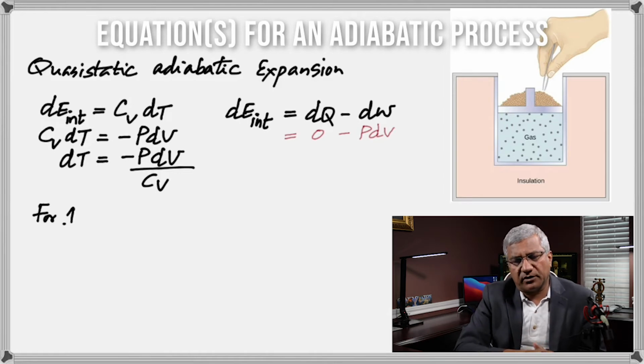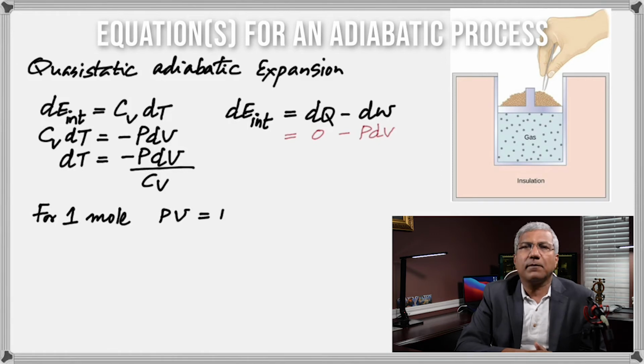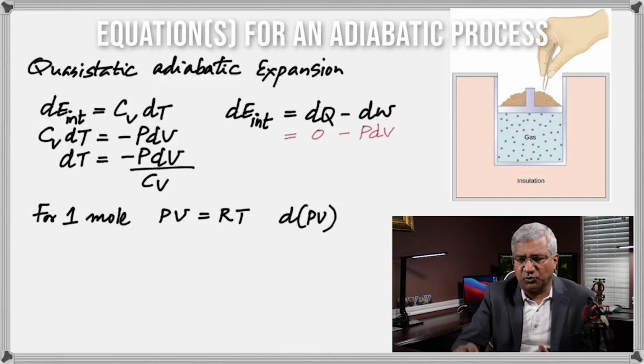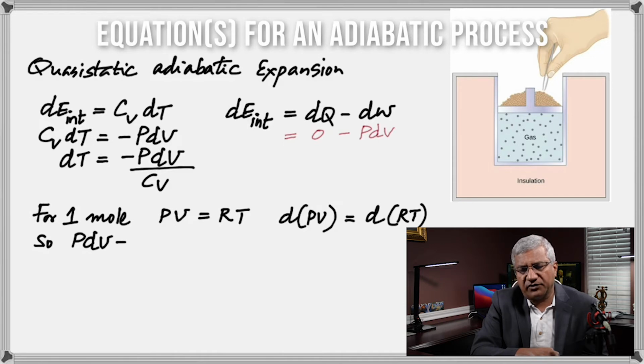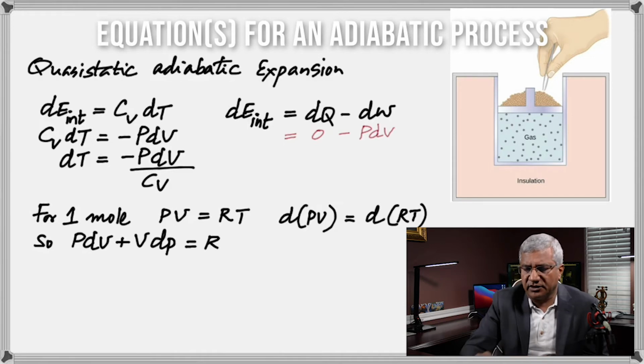Next, we will apply the gas equation for 1 mole, which is PV equals nRT, but n is 1 mole, so PV is RT. And then when you take d(PV) equals d(RT), it becomes PdV plus VdP equals R dT.